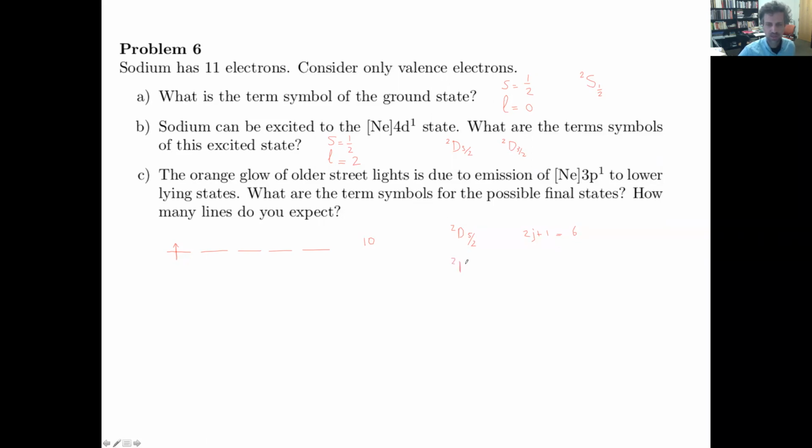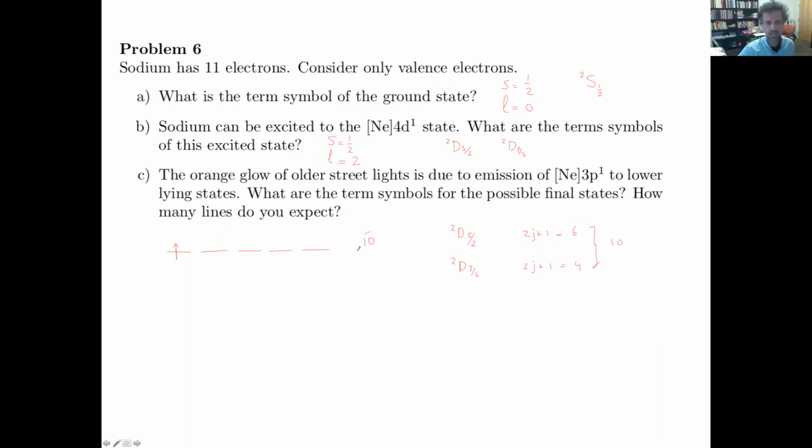Second one is D 3/2, and that's going to be 2J plus 1, same way, but now I get 4. Okay, so there's 4 possible states in which the electron can sit in this term symbol, and that means I have 10 possible states. I have 10 possible ways to put the electrons in this configuration for D1, right?